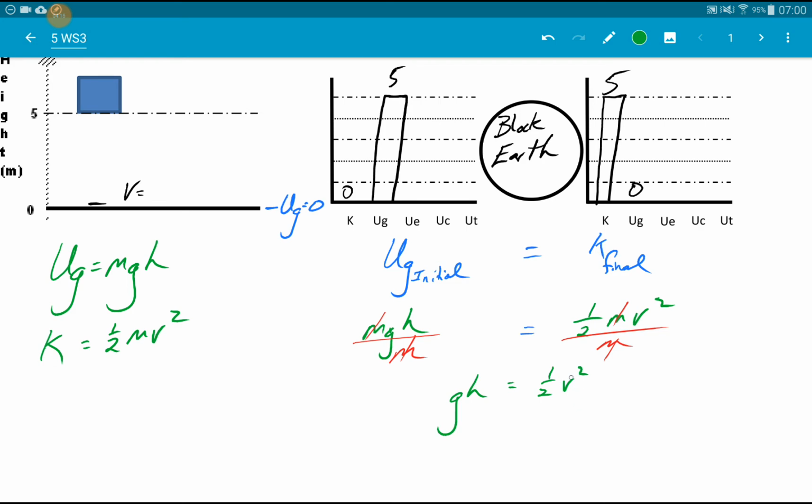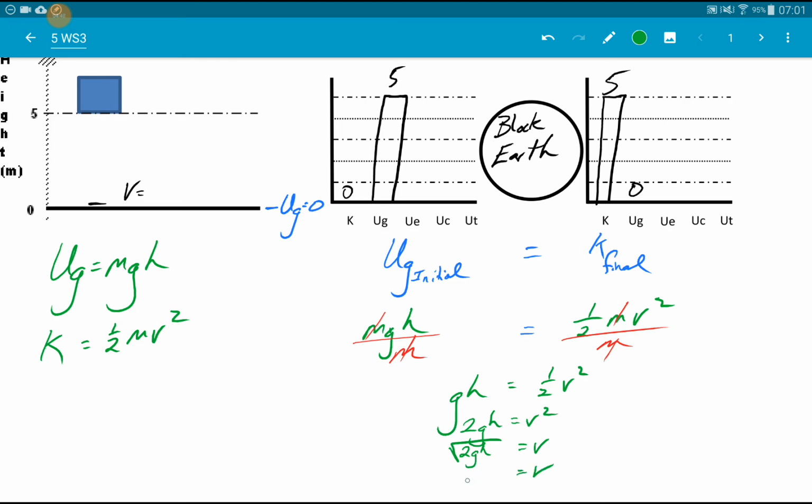So now we're trying to find v here, so I'm going to move everything else to the other side. I'll multiply by 2 on both sides, so it's 2gh is equal to v squared, and get rid of the square by square rooting both sides. So the square root of 2gh is equal to v, and now I put things in.